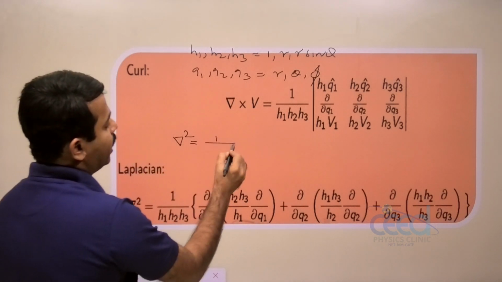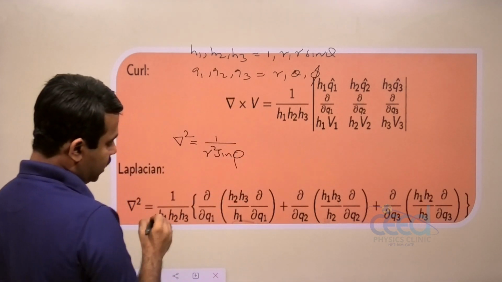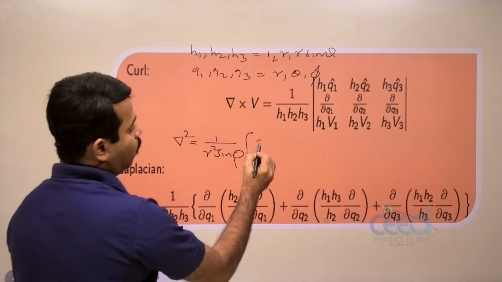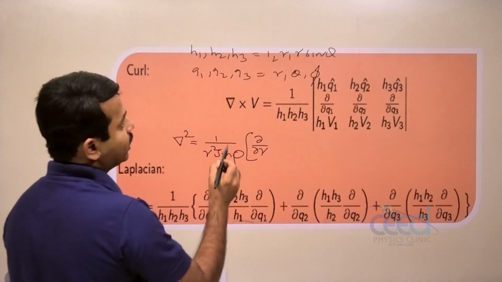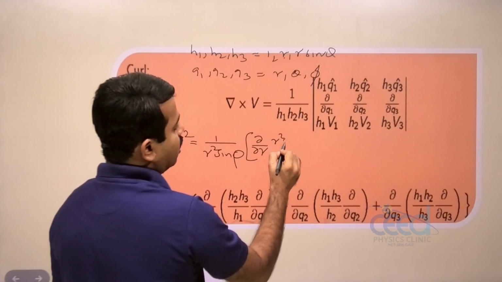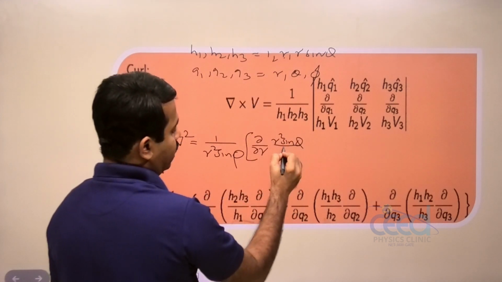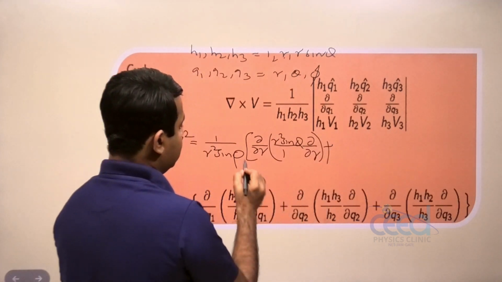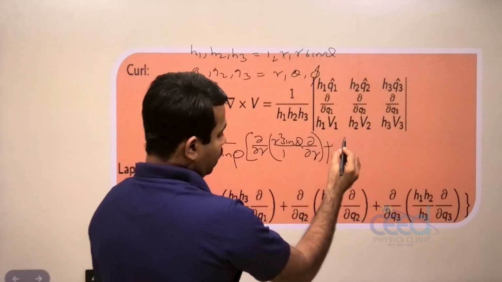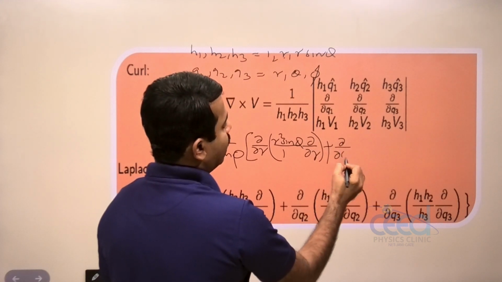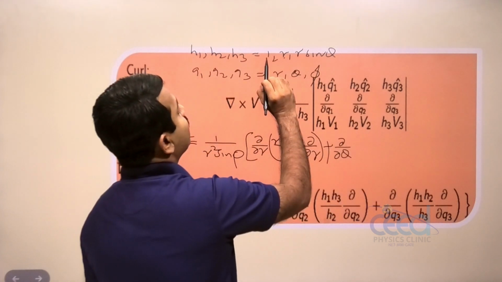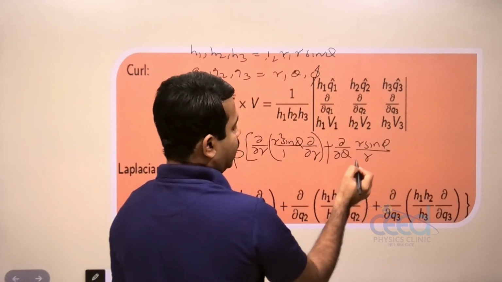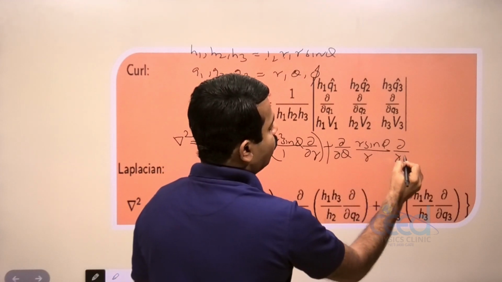That is 1 by R square sin theta, that means H1 H2 H3, R square sin theta, into dou by dou R of H2 H3 by H1, that is R square sin theta by 1, into dou by dou R, plus, again, dou by dou theta of H1 H3 by H2, that means 1 into R sin theta divided by R, into dou by dou theta.